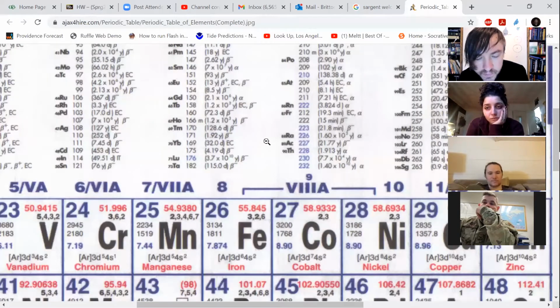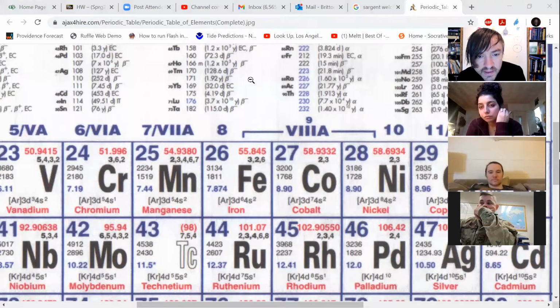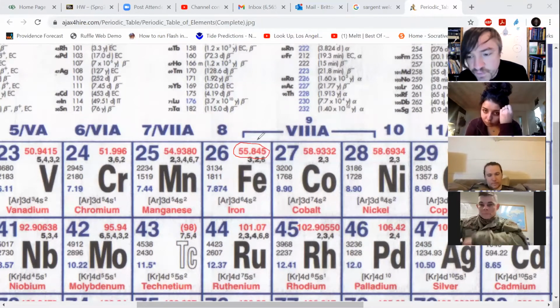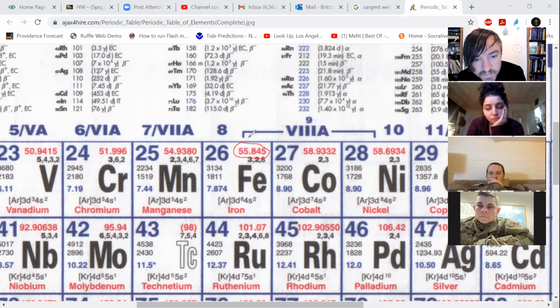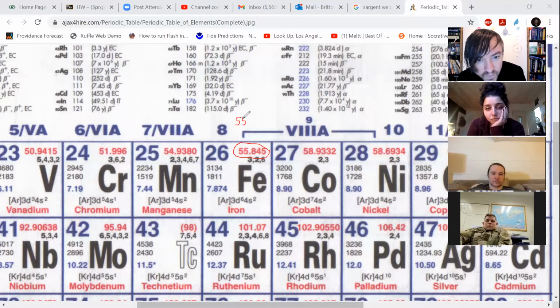All right. You guys can see that the mass numbers of atoms, like iron, for instance, are fractional, because in nature we find different types of isotopes. What 55.8 tells me is that there is probably an iron 55, and there's probably an iron 56.